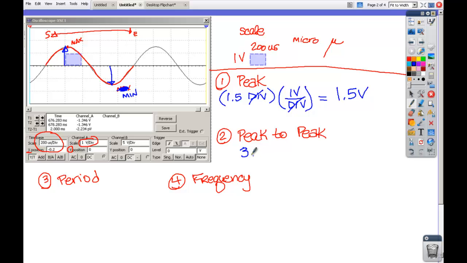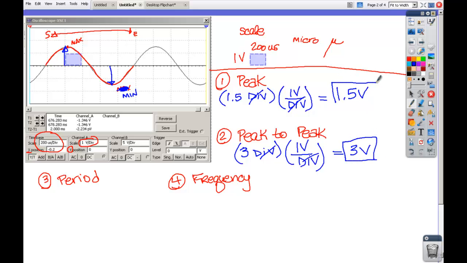So it'd be 3 divisions times the 1 volt per division. And again, my divisions drop out, so I end up with 3 volts. So my peak to peak is 3 volts, and my peak is 1.5 volts. So now on to figuring out the period.